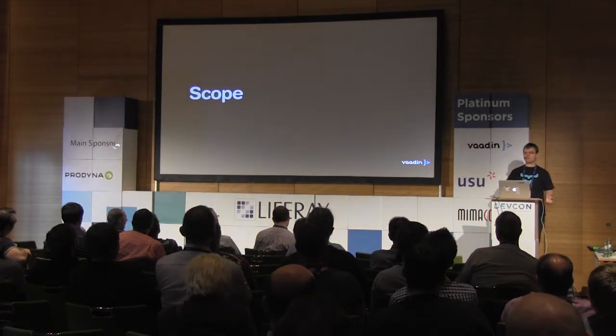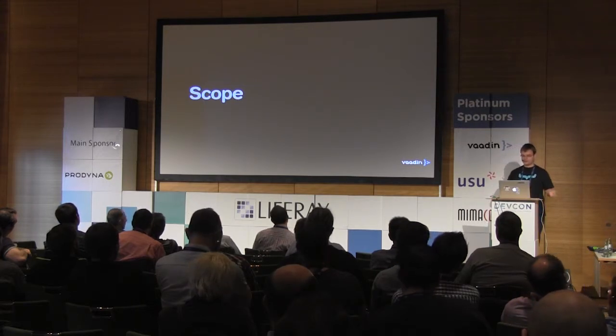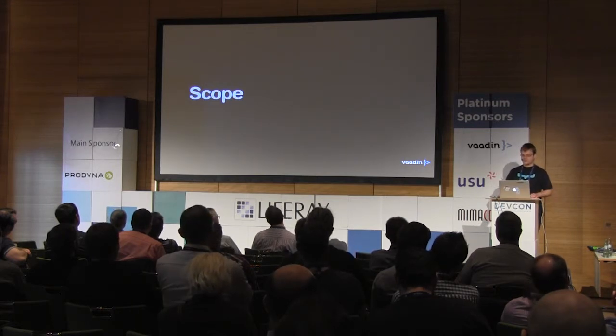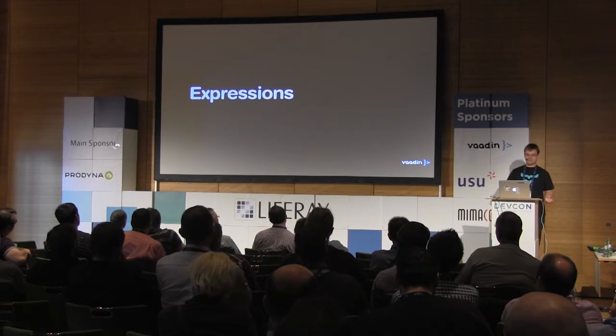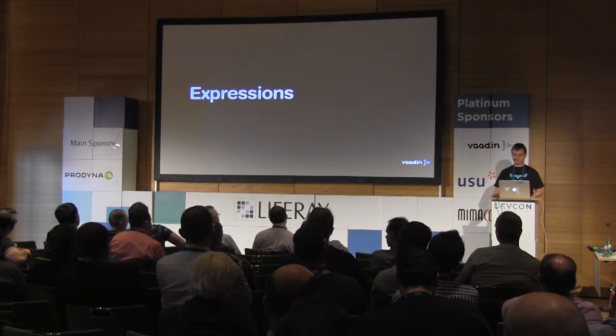Okay, so there is a concept of scope. It's an execution context for the expressions that you have in your templates. Those are arranged in a hierarchical structure and mimic the DOM structure of your applications. Scopes can watch expressions and propagate events. Then we've got expressions, I've mentioned before. Those are JavaScript-like code snippets that allow you to read and write variables.